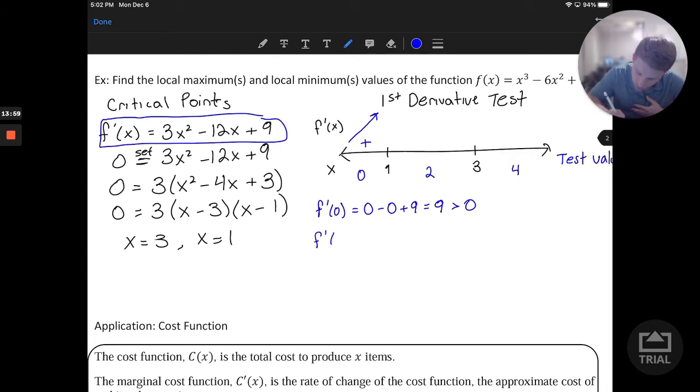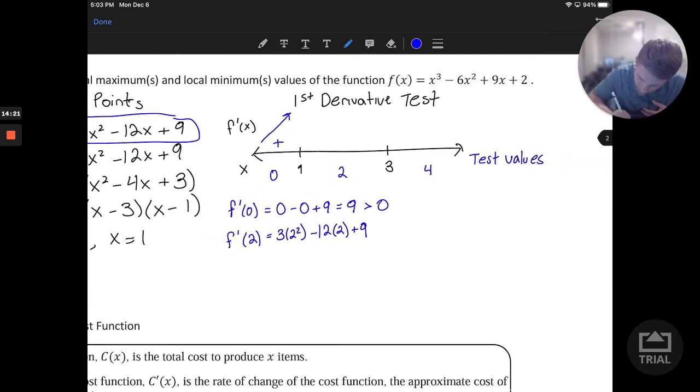F prime will test at 2, so f prime of 2. We'll go ahead and do that. We have 3 times 2 squared minus 12 times 2, and then 9. We'll go ahead and try to simplify this a little bit.